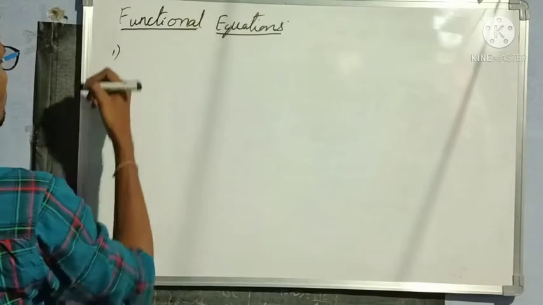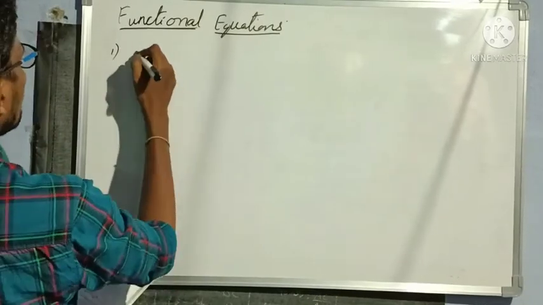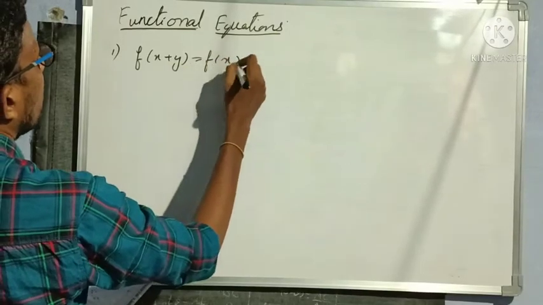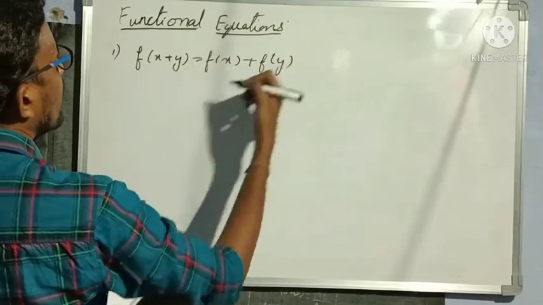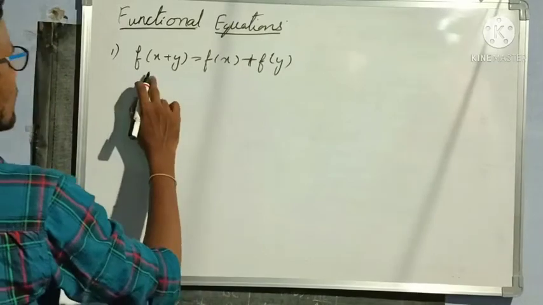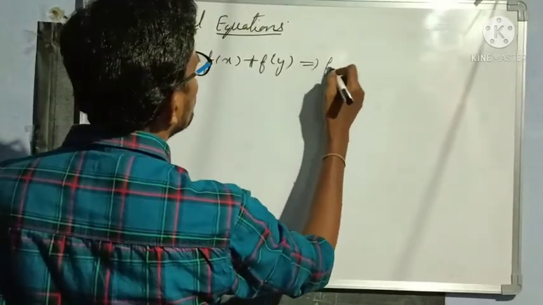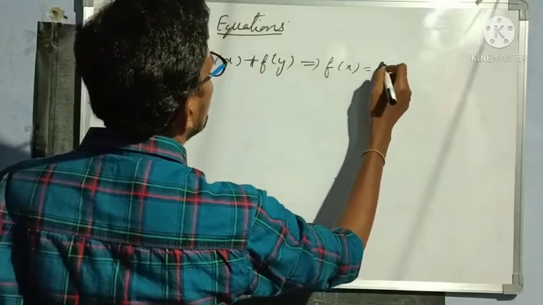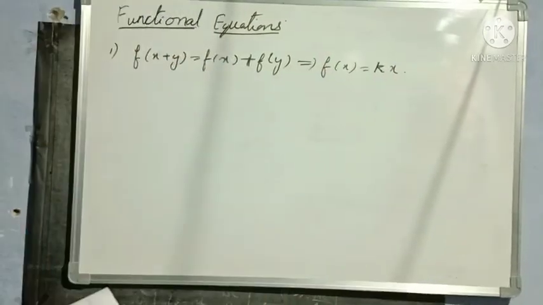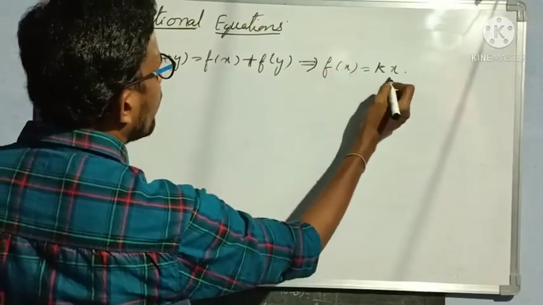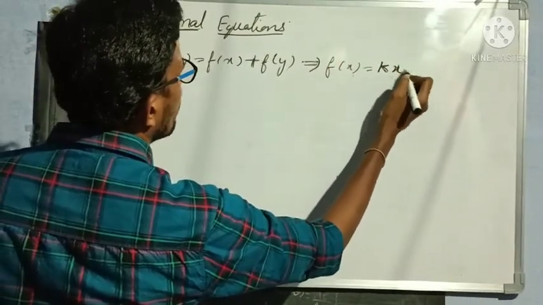So first condition is f of x plus y is equal to f of x plus f of y. If in the question given like this, f of x plus y is equal to f of x plus f of y, then we have to assume that f of x is equal to k into x. Okay, then our function f of x will be of the form k into x.